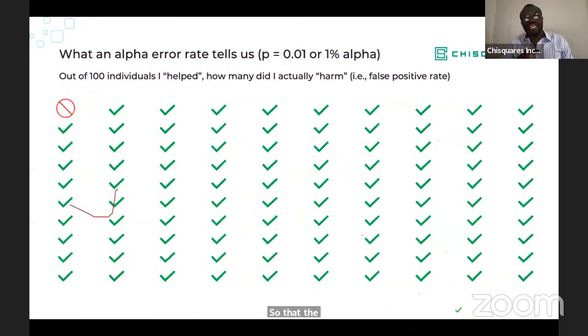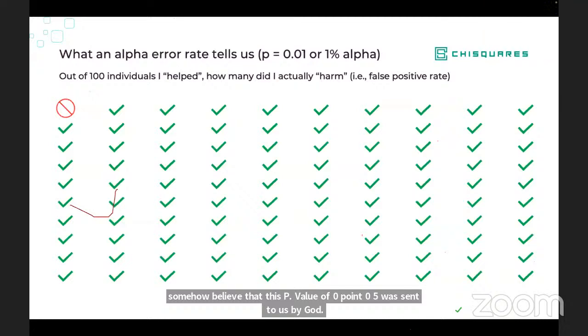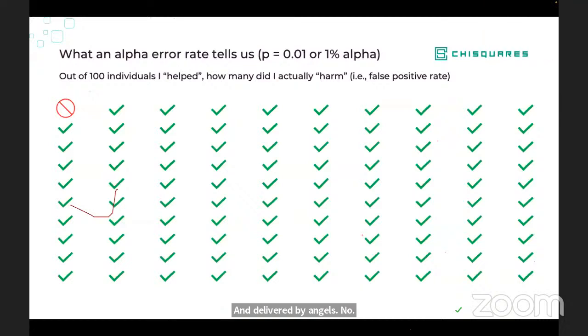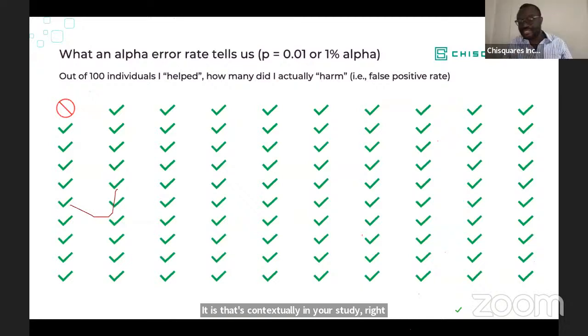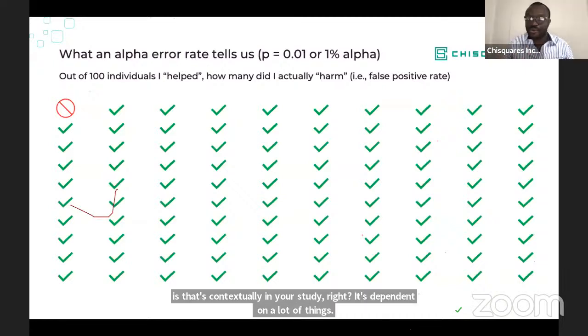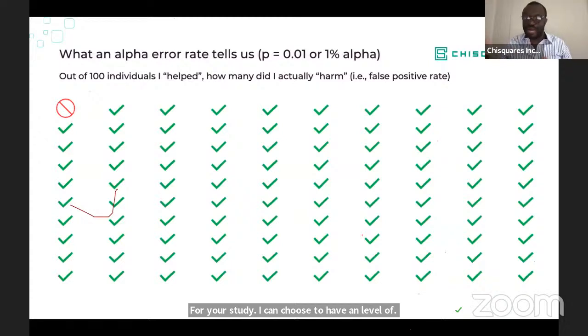So one of the take-home messages I really want you to get from this class today is that people somehow believe that this p-value of 0.05 was sent to us by God and delivered by angels. No, it is set contextually in your study, right? It's dependent on a lot of things. For your study, I can choose to have an alpha level of 0.1 or 0.01.